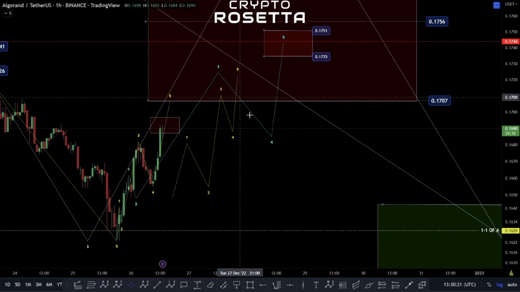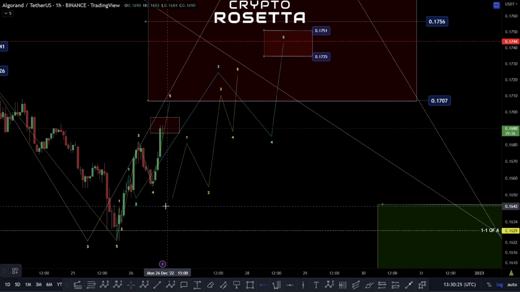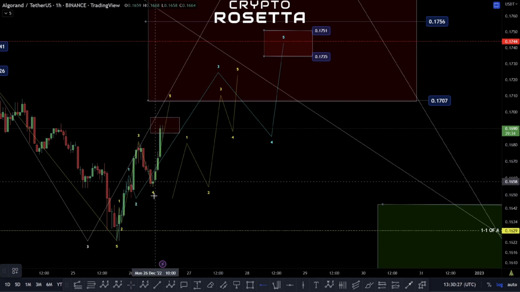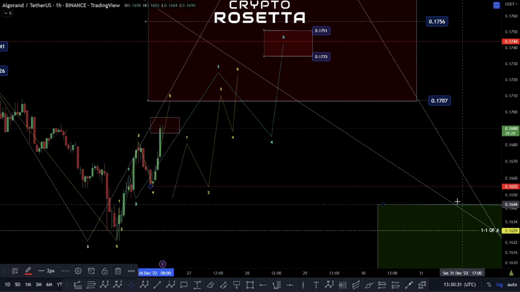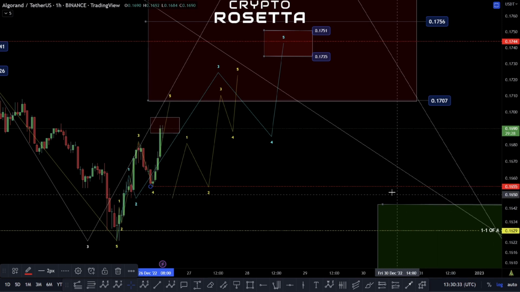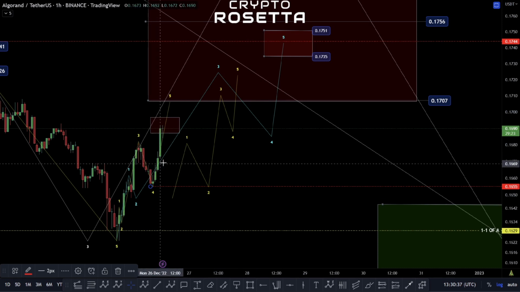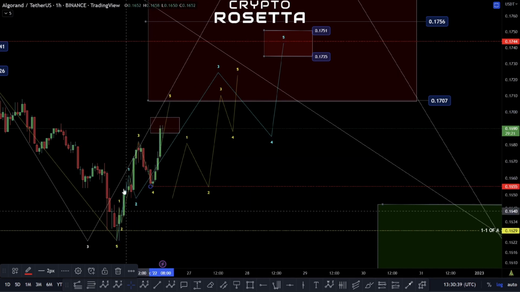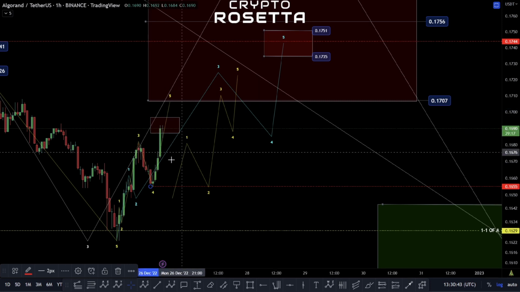So this teal 5-wave move could potentially play out, though breaking down below this point here of 16,000 and 0.61655 would actually invalidate this potential. And so we need to bear in mind we could have something like this, a 5-wave structure looking to break out.